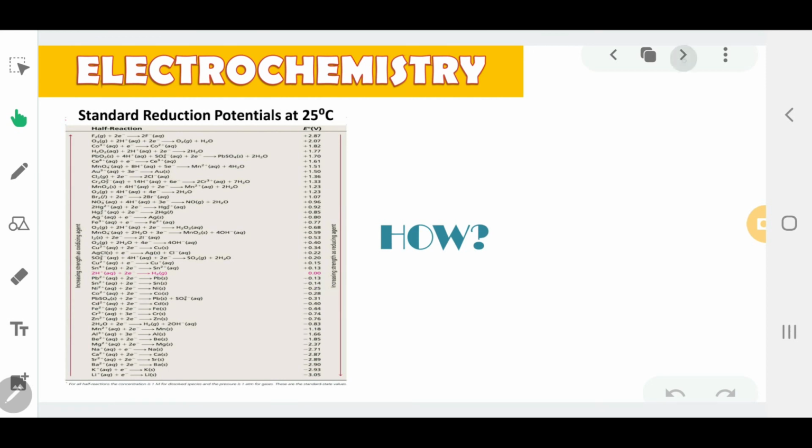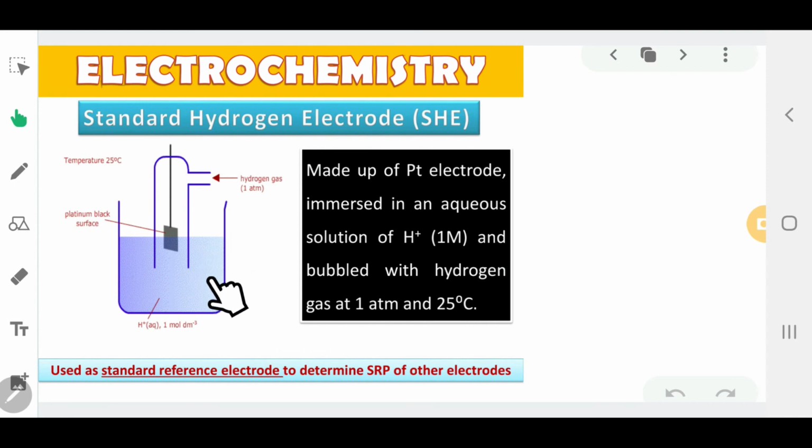And because of that, the chemists are going to use this electrode. So this is how you're going to draw the electrode of the SHE. They're going to connect this with another half cell, and from there they would be able to determine the standard reduction potential of other electrodes.